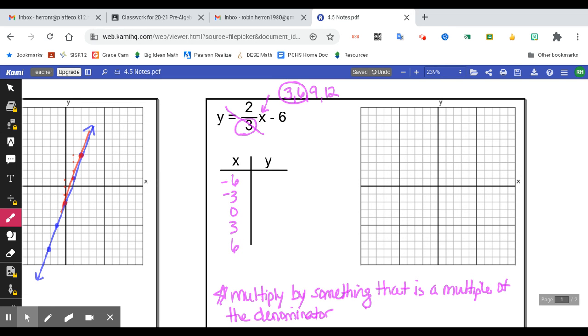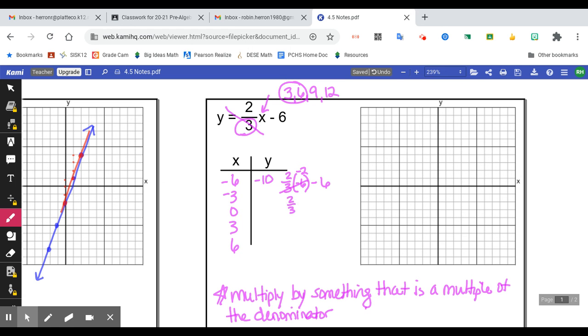You'll notice that when you take this times the number that it is a multiple of, it cancels out. You can use your calculator here, but these are going to cancel, and this is going to become -2. So 2 times -2 is -4, and then -4 minus 6 gives me -10.